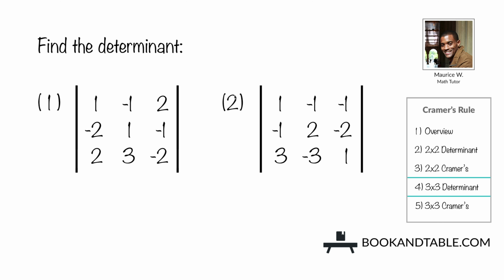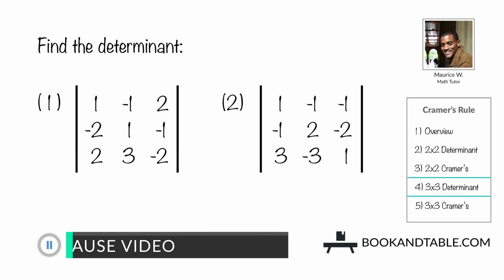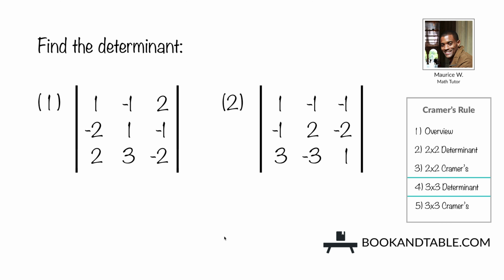Question number 2, column 1 is 1, negative 1, and positive 3. The second column is negative 1, 2, negative 3. And the third column is negative 1, negative 2, and positive 1. Pause the video, answer these questions, and then press play when you are ready to begin.